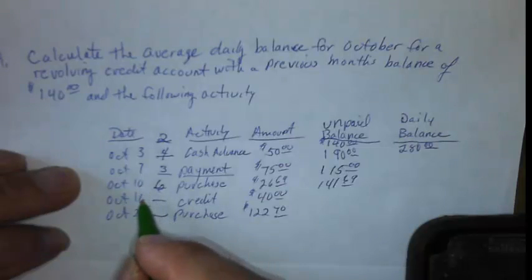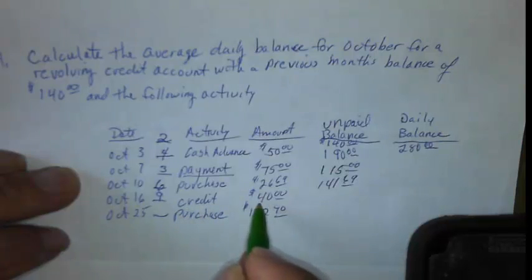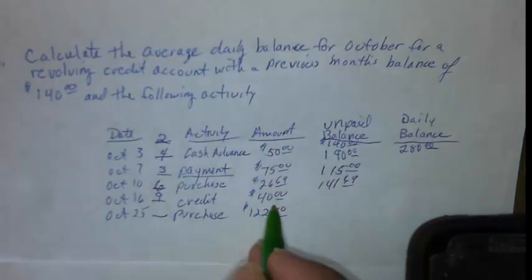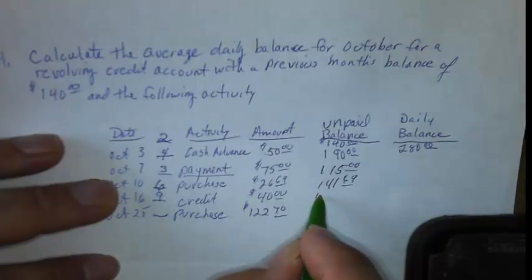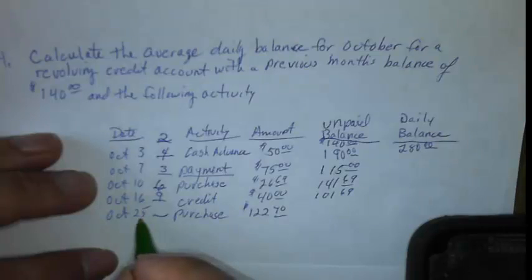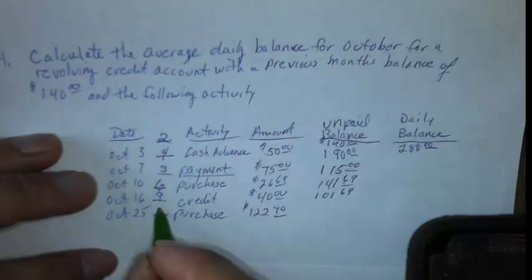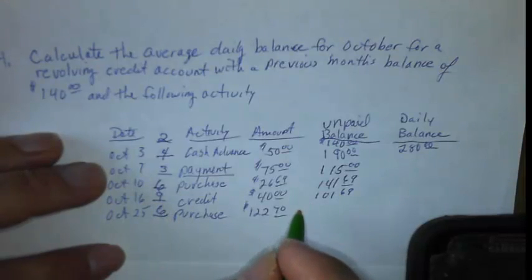So then between 16 and 25, we have 9 days of the credit because we are now having less balance because we got a return, or they credited our account. So that means that it's going to subtract. So we're down to 101.69. And then between the 25th and the 31st, we're going to have a total of 6 days for the purchase price.